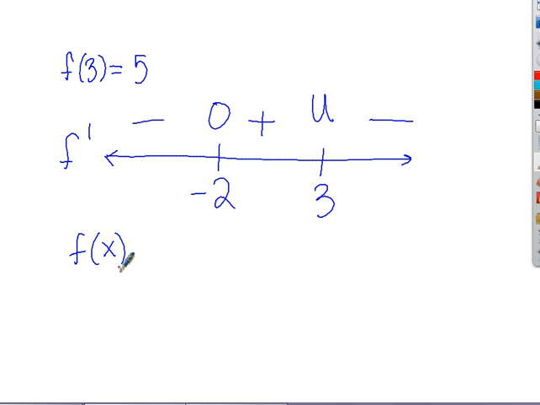So me telling you this, but then giving you f prime undefined here, what are the possibilities of what's happening right here? The point exists, and then I might say things like f of x must be continuous. Here, the value's 5, has to be continuous. What are the things that could possibly happen right here? Corner, and what else? A cusp.